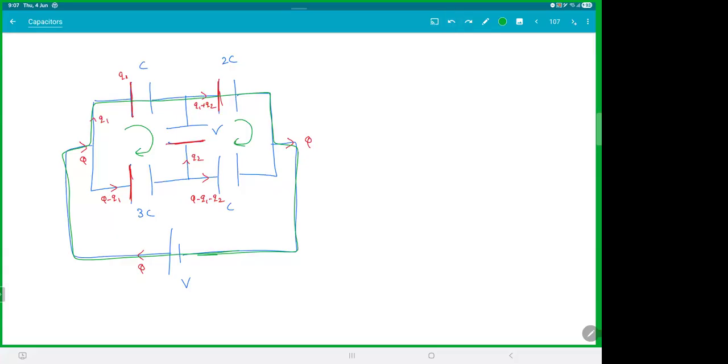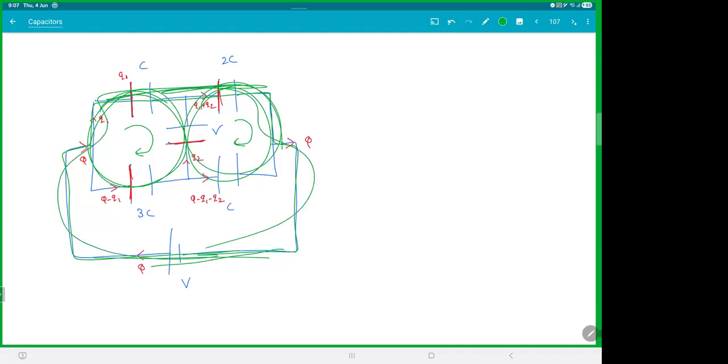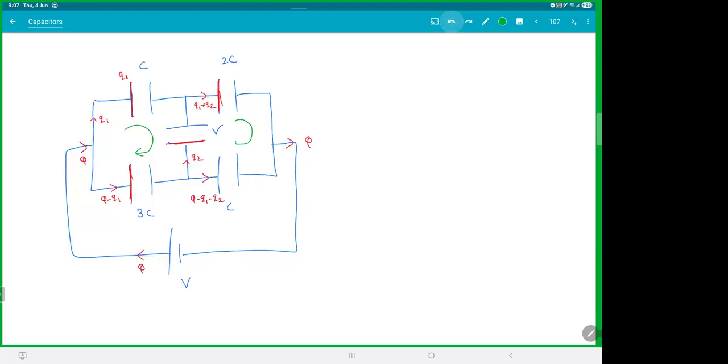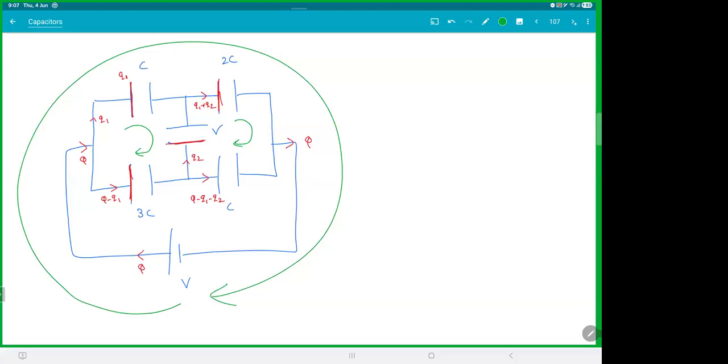Now, can you guys write the equations? Just the equations. This loop, and a loop through the battery, the upper two capacitors, and back. Right, I'll give you a minute and then I'll show you. Then you can verify whether you got the same equations as me.